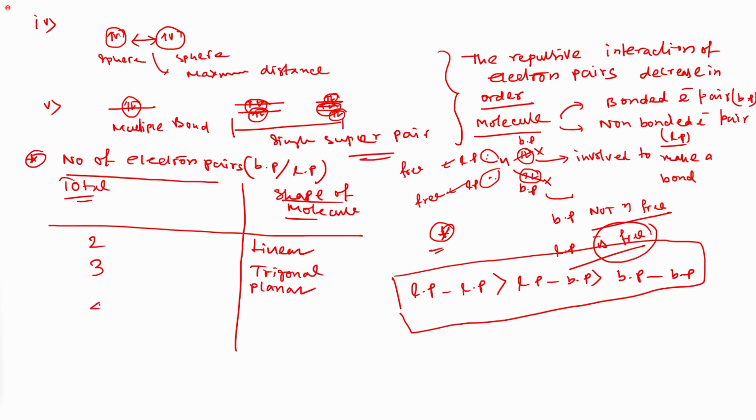When the total number is 4, it is tetrahedral. When it is 5, it is a trigonal bipyramidal structure. Then for 6, it will be octahedral.